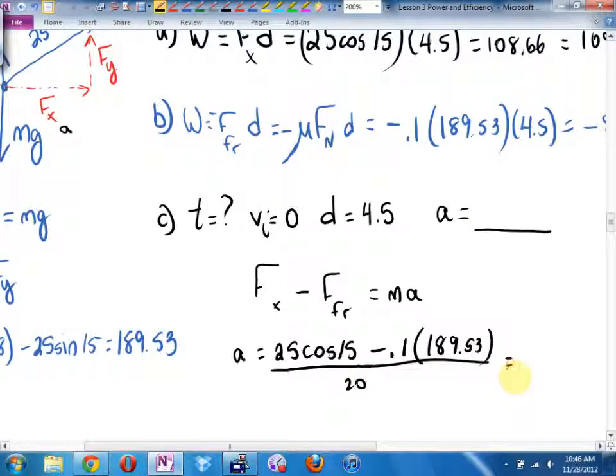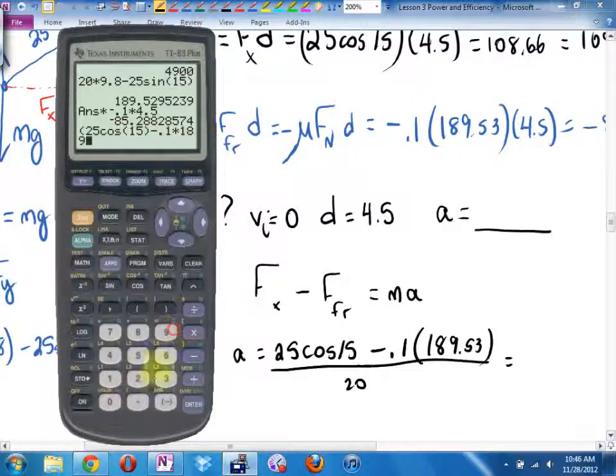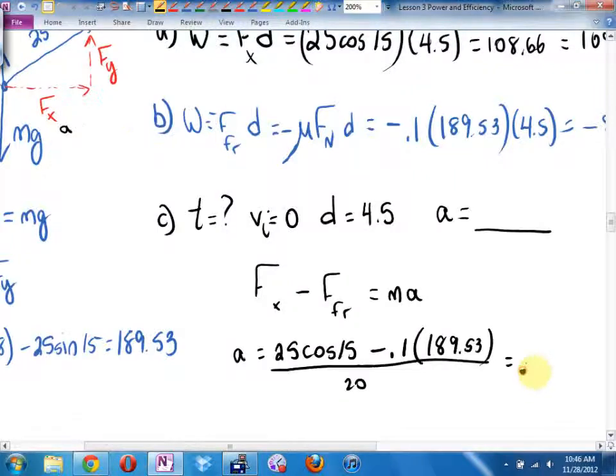I'm accelerating at 25 cos 15 minus 0.1 times 189.53, divided by 20. I'm accelerating at 0.2598 meters per second squared, and I can put that there.